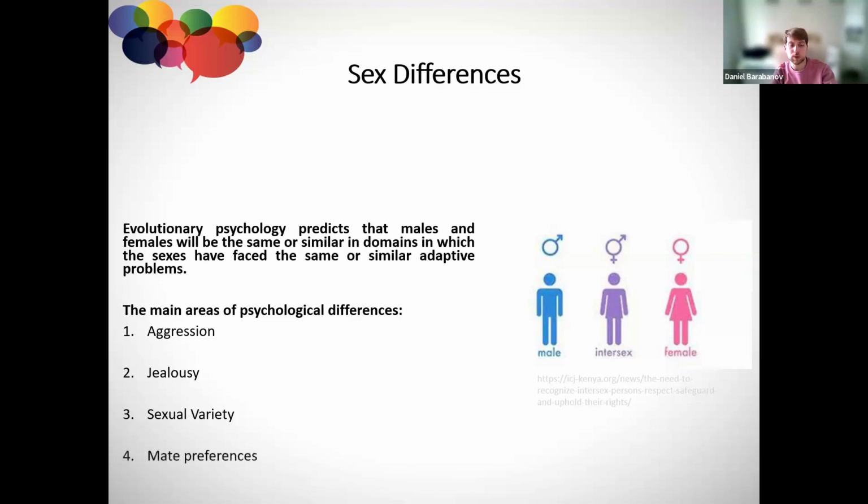And finally, mate preferences. Whom would men consider an attractive mate, and whom would women consider an attractive mate? Which factors would be more important for them?